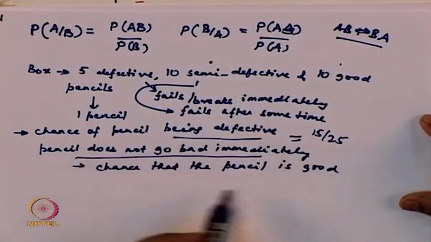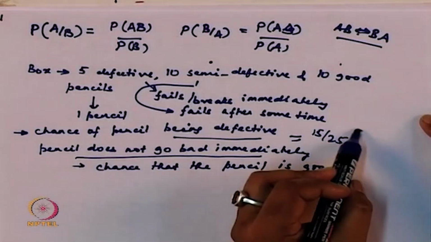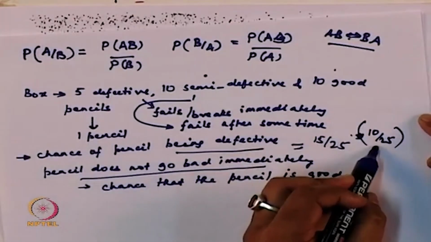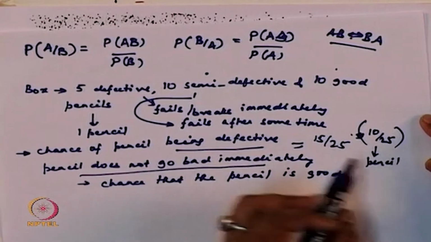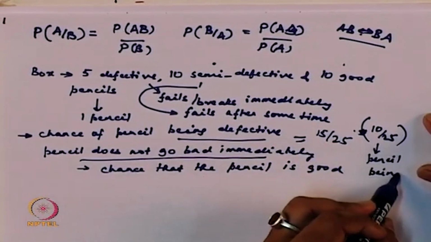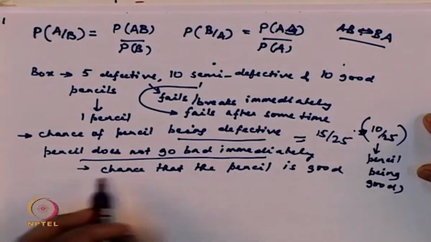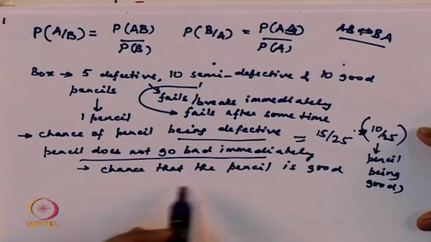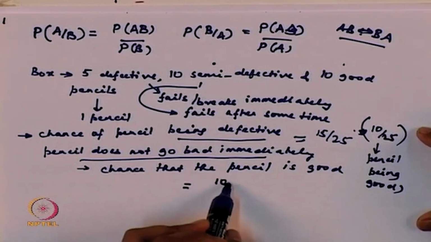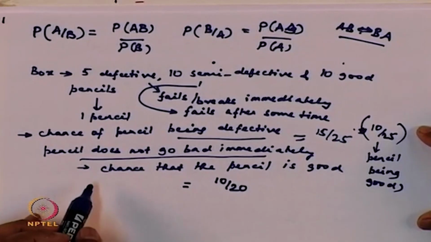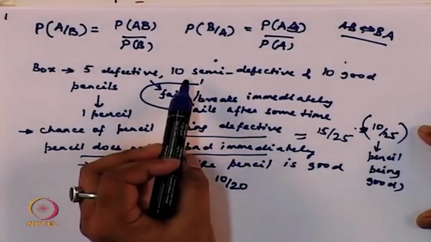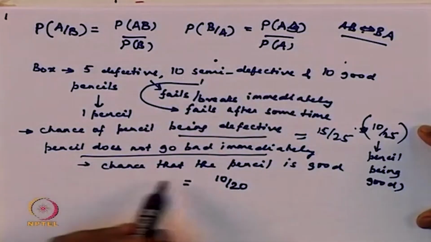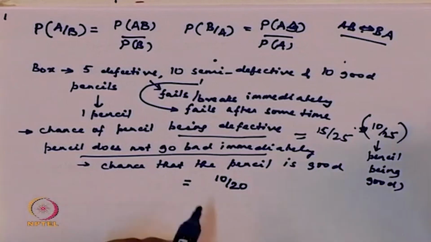So, under this case what is the probability that the pencil is good? Earlier it was simply 10 by 25, the chance of the pencil being good. But if I know that the pencil is not going bad immediately, the chance that the pencil is good is nothing but 10 by 20. Why? Because if it is not immediately going bad, I know that I might have chosen one of these or one of these pieces, and I have a total of 20 pieces. So, my chance that the pencil is good is actually 10 by 20.